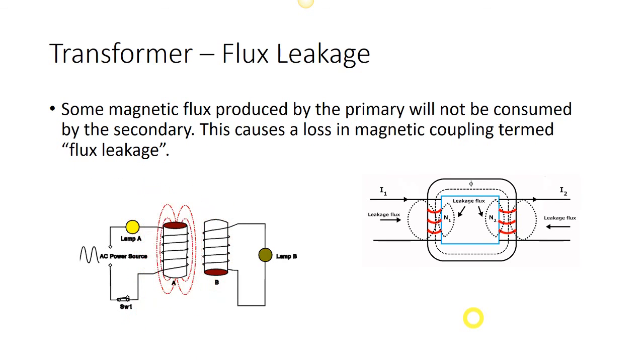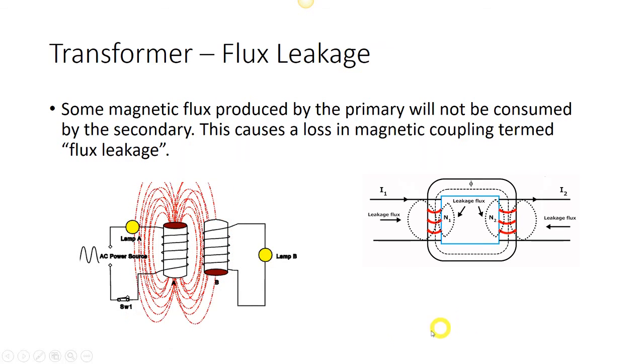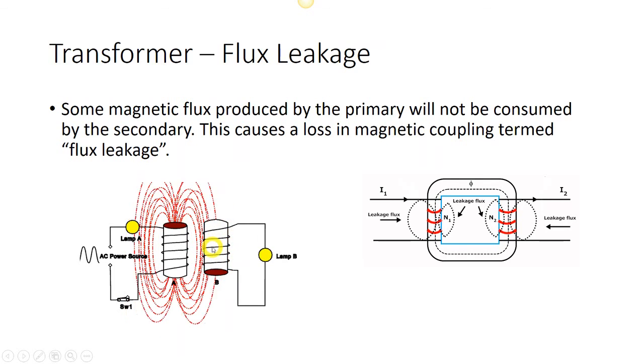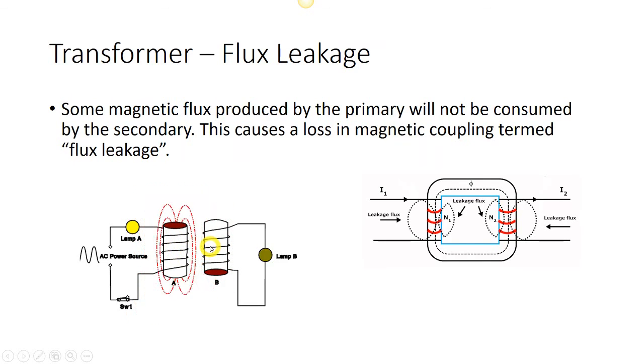And then the last one is flux leakage. So this animation, I think, shows it well. There's magnetic field lines way out here that are not even coming close to penetrating this guy. Now, we design a transformer much more efficient than this. We don't have a coil just next to a coil.